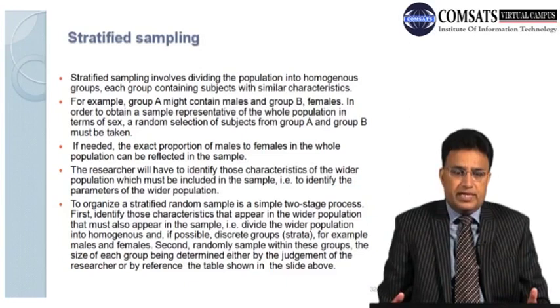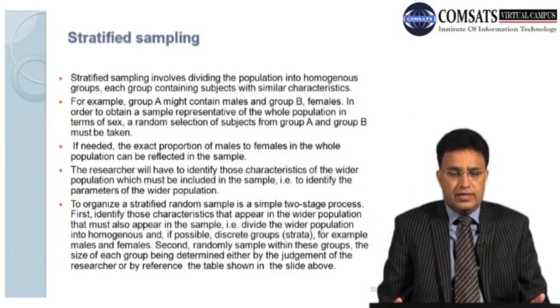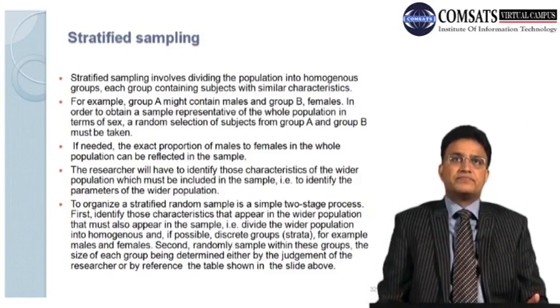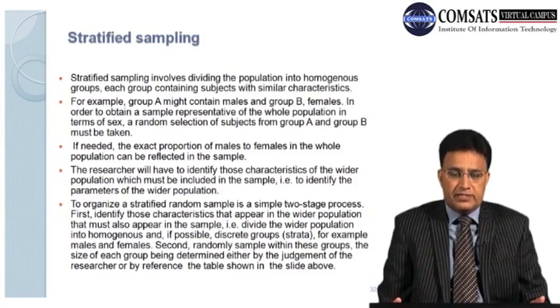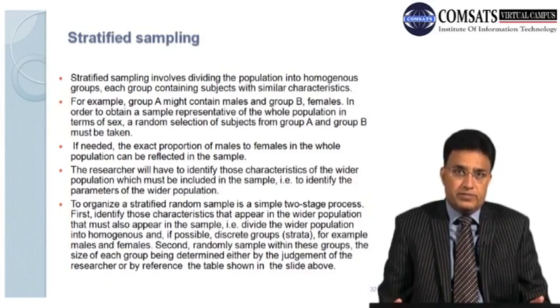In order to obtain a sample representative of the whole population in terms of gender, a random selection of subjects from group A and group B must be taken. If needed, the exact proportion of males to females in the whole population can be reflected in the sample.